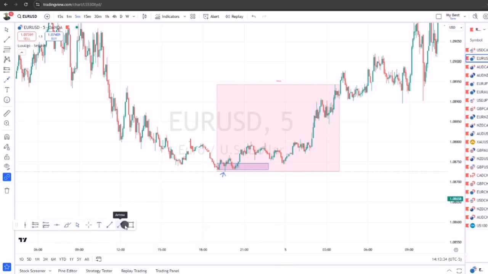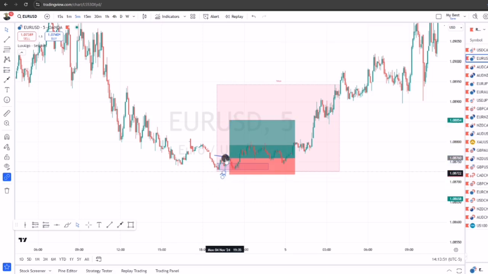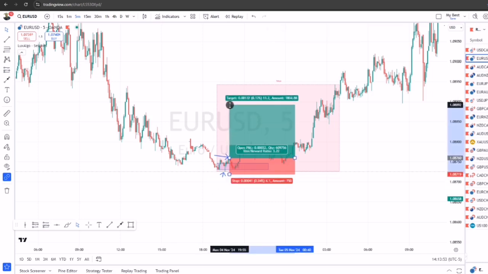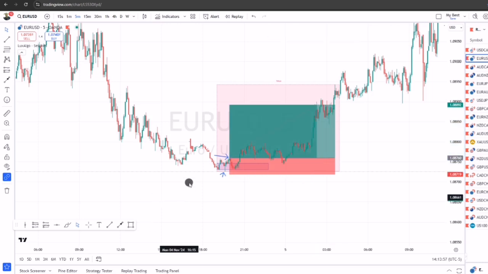So right here, the safe place to enter would be either there or there. So it was a buy. You place your buy trade there, and then you put your stop loss slightly below that wick, and then you can go for the 1 to 3. Make sure that you can clearly see where price has closed right here.